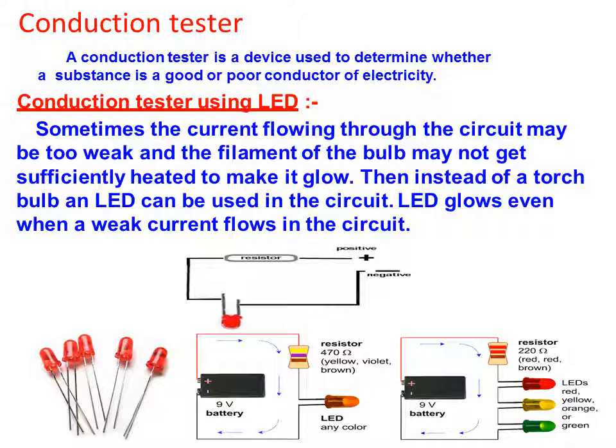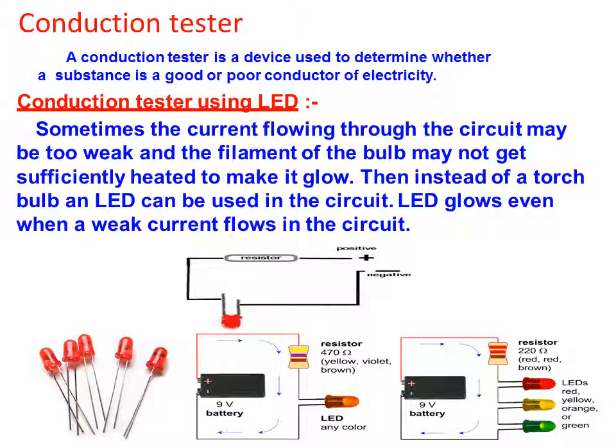Sometimes the current flowing through the circuit may be too weak and the filament of the bulb may not get sufficiently heated to make it glow. Then, instead of a torch bulb, an LED can be used in the circuit, because an LED glows even when a weak current flows in the circuit.